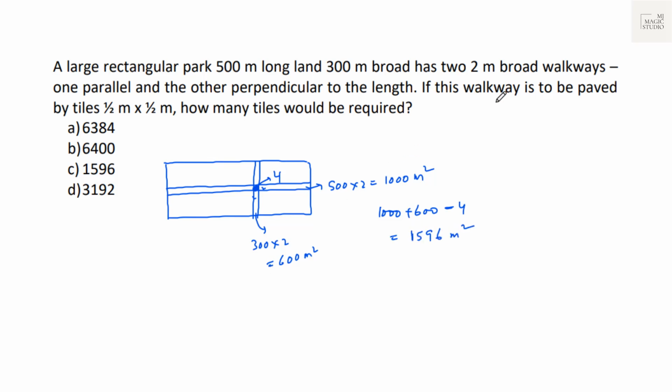Now what is the question? If this walkway is to be paved with tiles of half into half meter, how many tiles would you require? The area of one tile is half into half, that is 1 by 4 meter square.